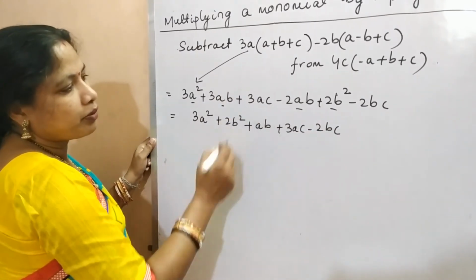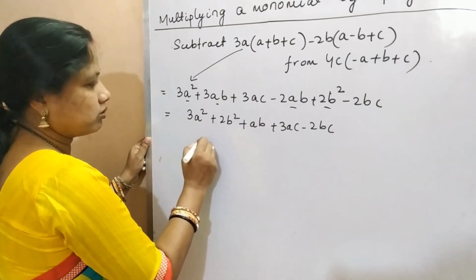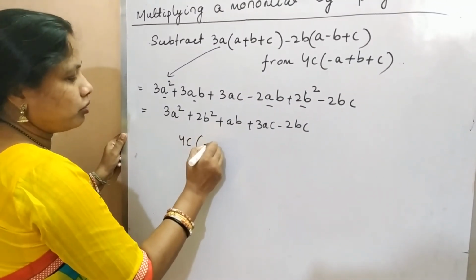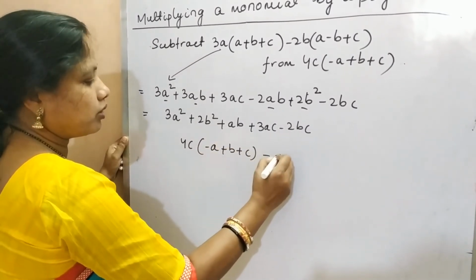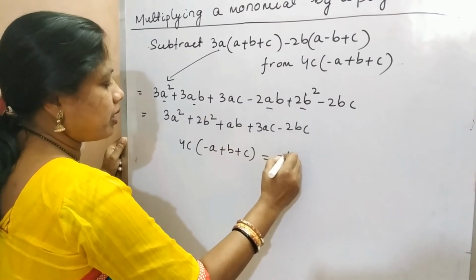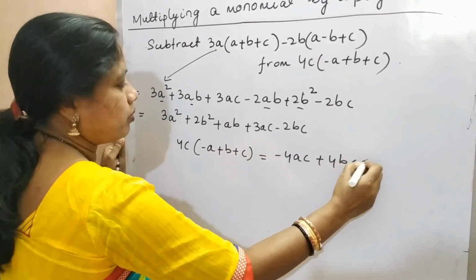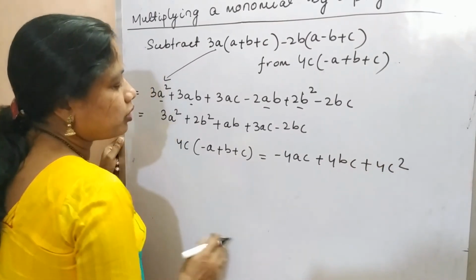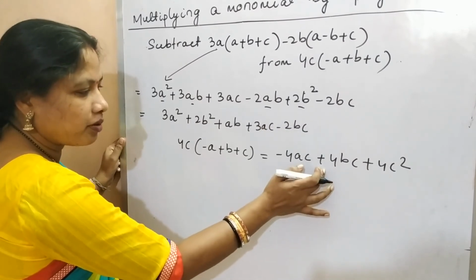Then we have to simplify the second: 4c into (minus a plus b plus c). So this is equal to 4c multiplied with minus a, minus 4ac, plus 4bc plus 4c square. Then the question is, we have to subtract the first algebraic expression from this.